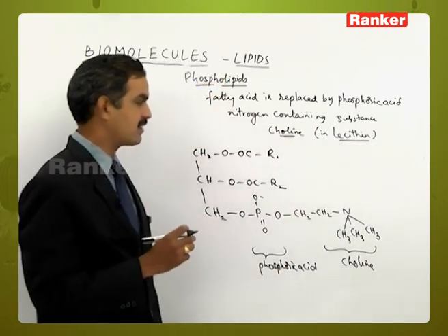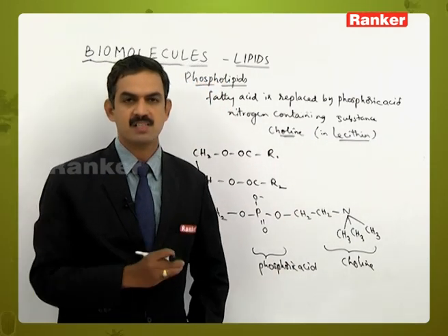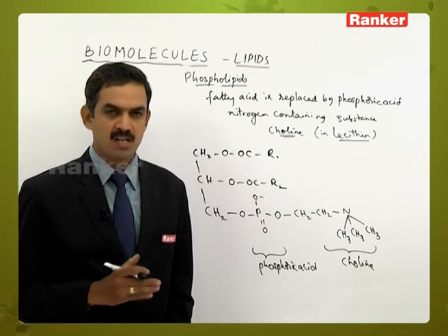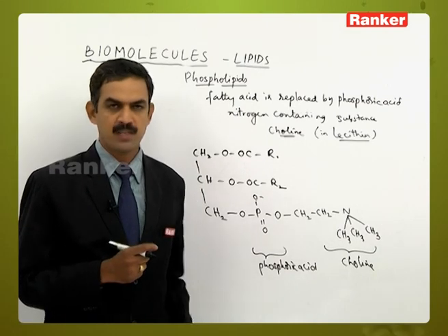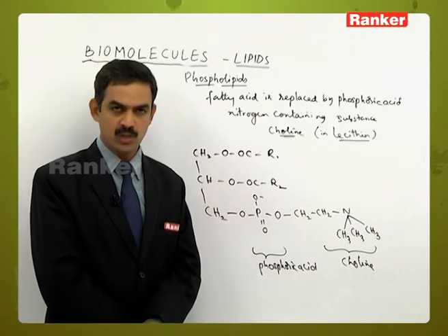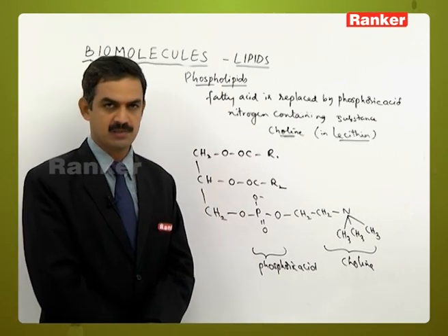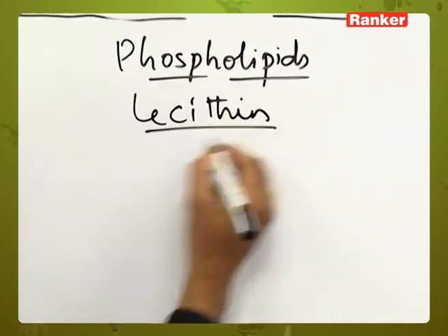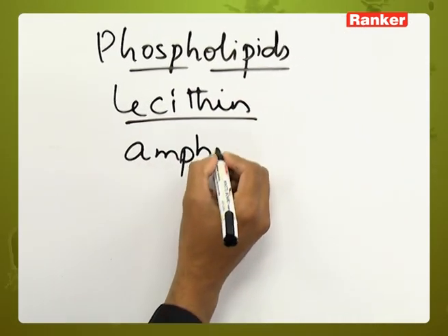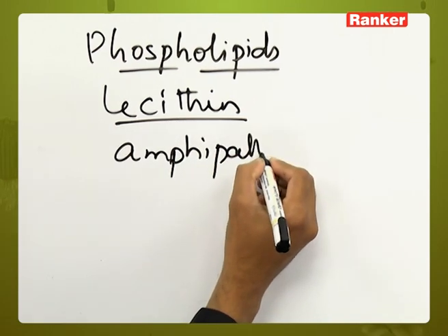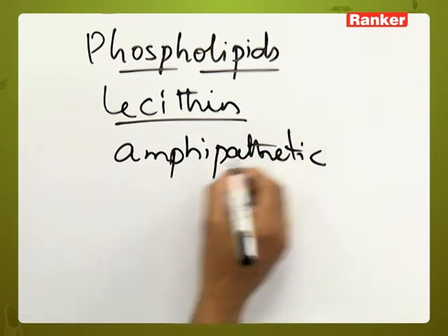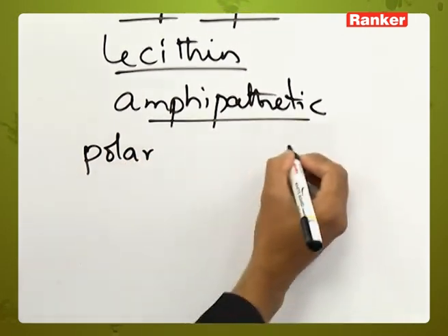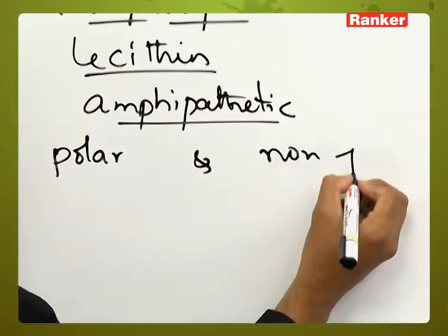And where is this lecithin present? This is the part present in the cell membrane. The trilamellar model, which contains the bilayers of phospholipids, contains the lecithin molecule in the form of phospholipids. This lecithin is amphipathic, which means it exhibits both polar and non-polar nature.